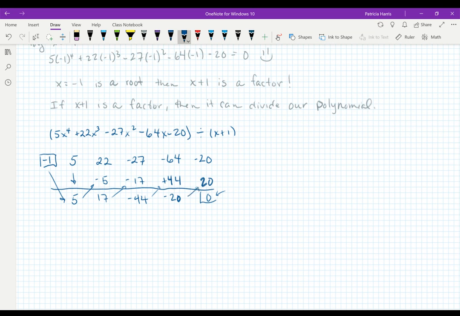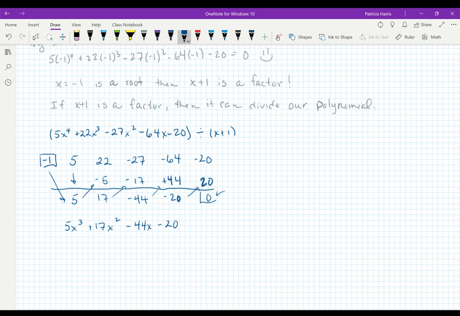Now, instead of 5x to the fourth, when we divide, we make things smaller by a degree. So 5x to the third plus 17x squared minus 44x minus 20. So we made it smaller.